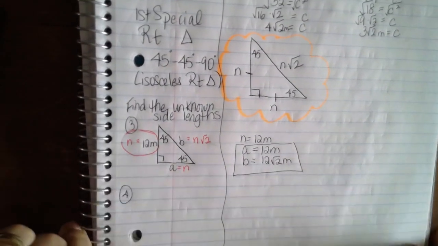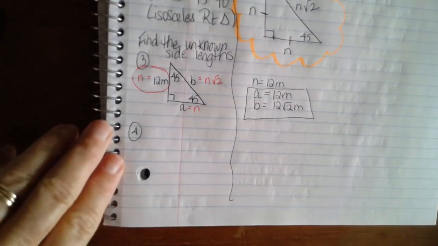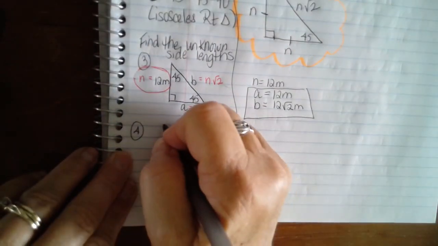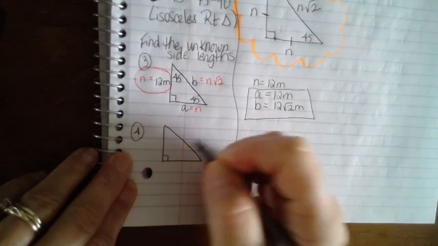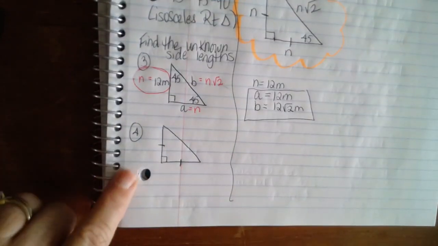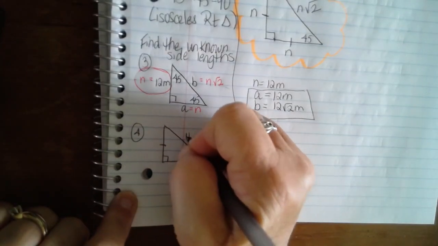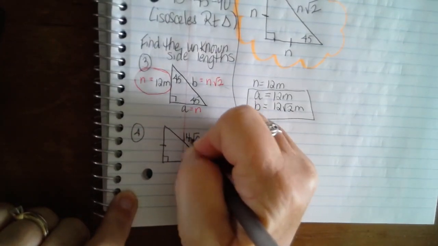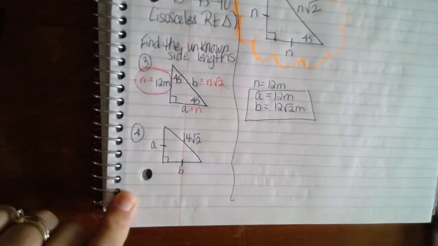Let's go a little bit more. So the next one. For this one, same thing, given a right triangle. This time I'm only being told that, which means, what does that mean? That means they're congruent. This time I'm given that this is 14 root 2. And then this is a and this is b.